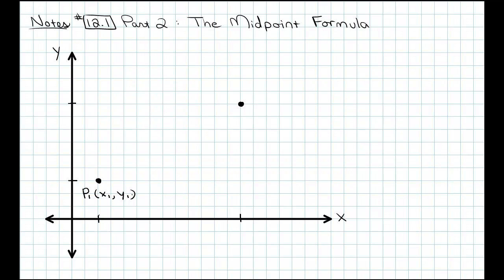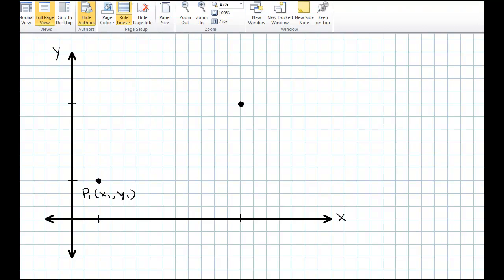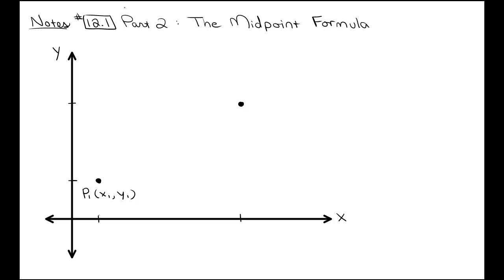Let me take off these little grid marks here because I don't want you to be able to count up the points there and think you can count up what X sub 1 is. We don't know what X sub 1 is. This is X sub 1. This is Y sub 1, and then we're going to call this other point over here P sub 2, and that's going to be X sub 2, comma, Y sub 2.